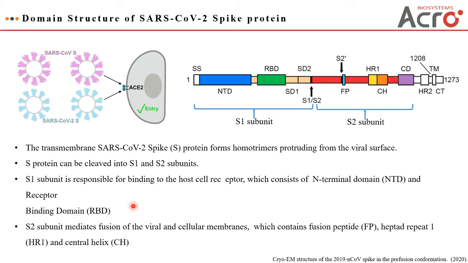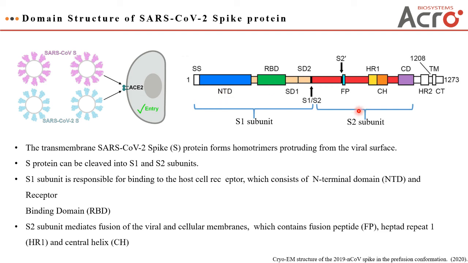Spike protein contains 1,273 amino acids and can be cleaved into S1 and S2 subunits. S1 subunit is responsible for binding to the host cell receptor. It consists of the N-terminal domain, or NTD, and the receptor binding domain, or RBD.